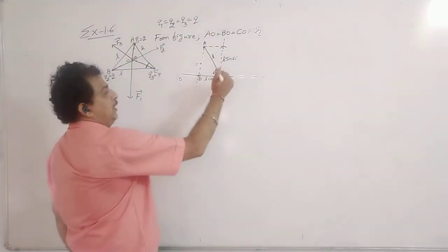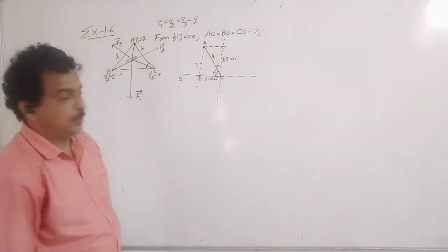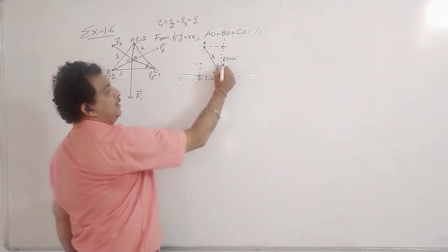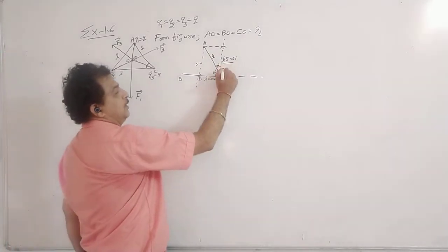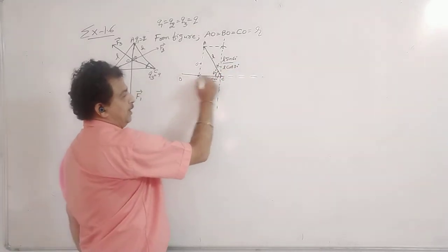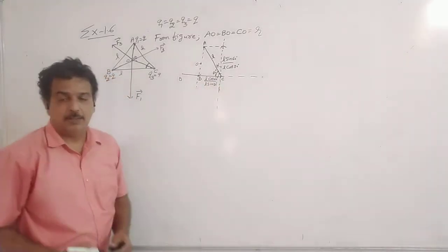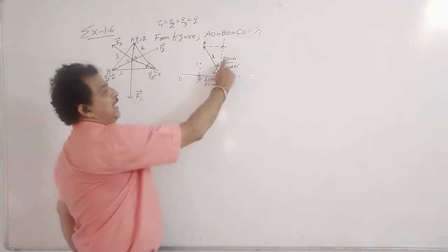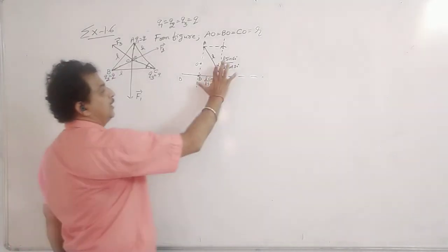We may also take this angle as 30 degrees because this is a right angle triangle. Resolving into two components, this becomes L cos 30 and this component becomes L sin 30. It makes no difference whether I take 60 or 30, because L sin 60 is equal to L cos 30. So you can take angle 30 or 60.